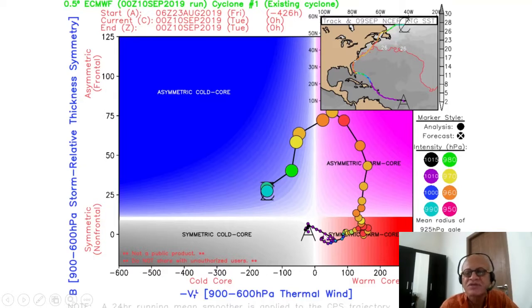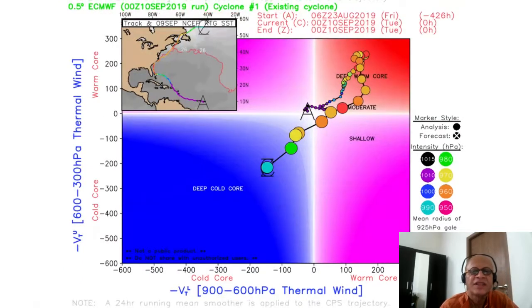So this diagram is much more descriptive and mechanistic in terms of its transitions. And the other part of this, so we are looking here at the thermal winds in the lower level, 900 to 600 hectopascal, whereas here we are looking at the relative thickness of the layer. And the other part of this diagram, of course, was the lower level thermal winds and the upper level thermal winds, 600 to 300 hectopascal.